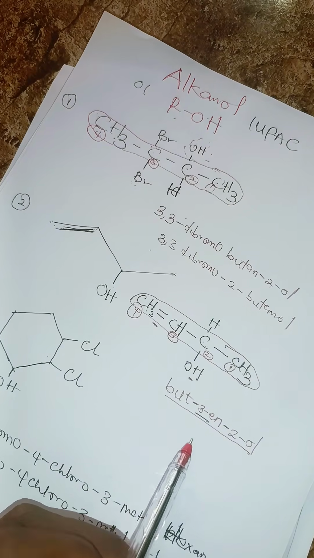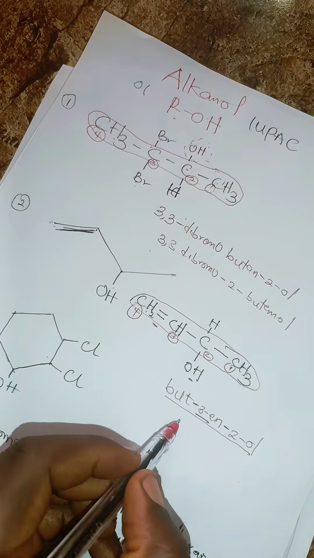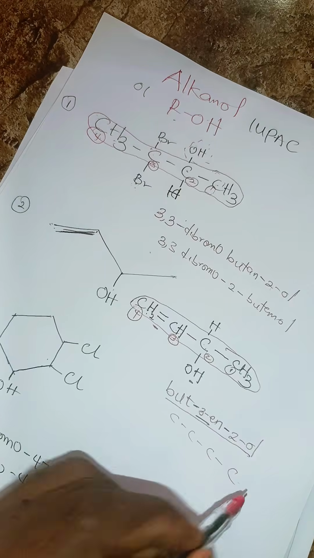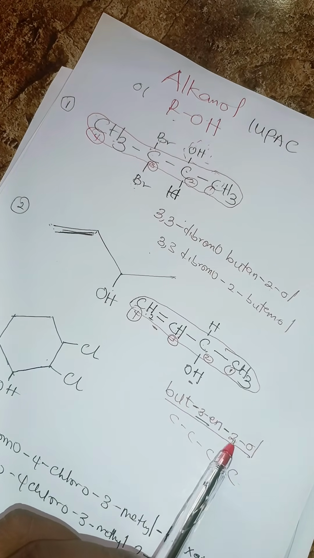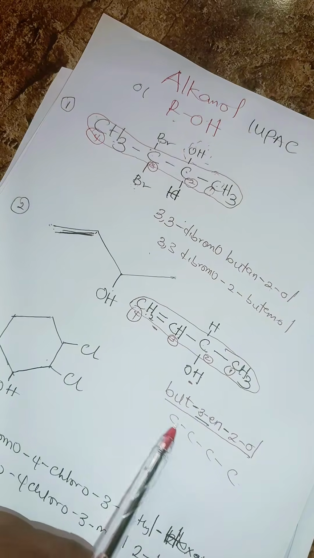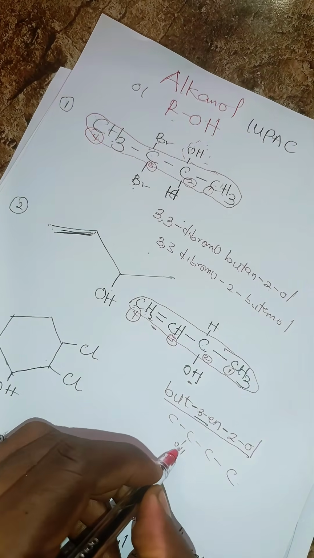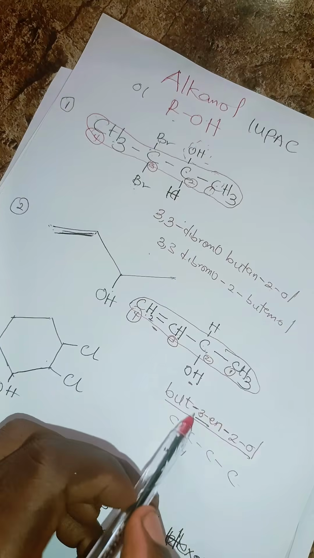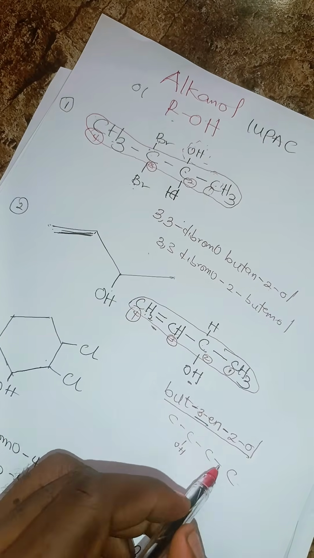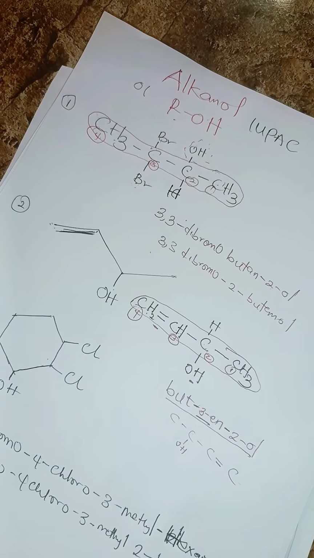It is 4 carbon. 1, 2, 3, 4. Then OH, 2-ol, OH is position number 2. The double bond is in position number 3. One, two, three. That's the way to go about it.